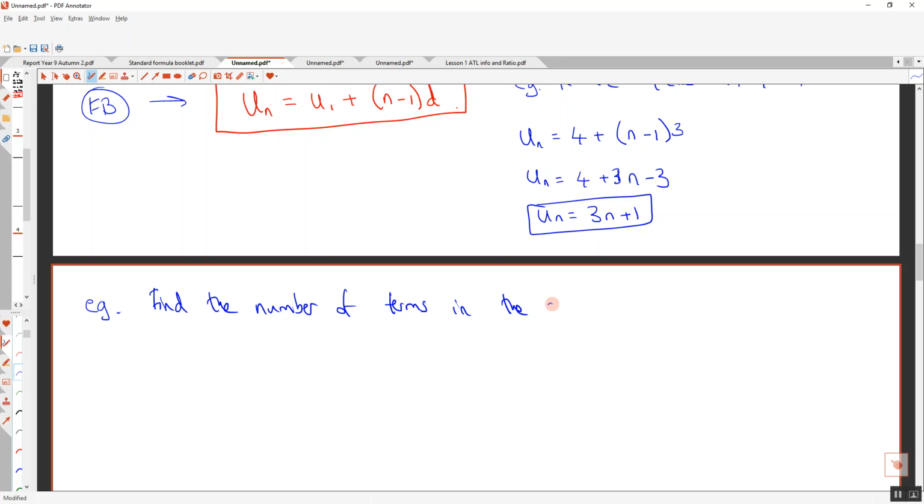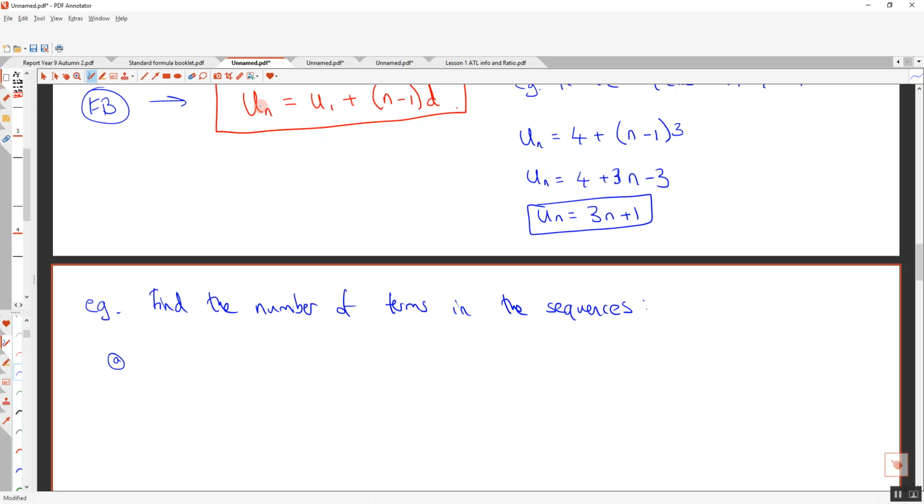So if you're finding the number of terms, what are you trying to find? Are you trying to find un? n? d? u1? What are you trying to find? Wait, so we're just trying to find out how many terms there are? How many terms there are. But what is that in this formula?